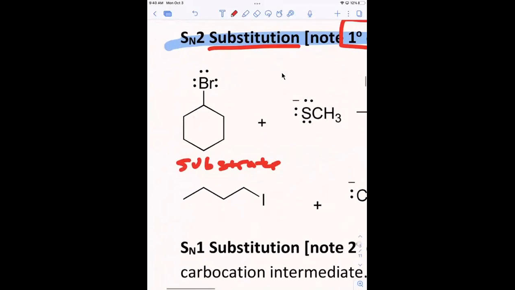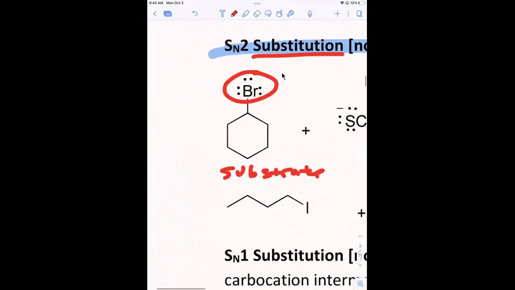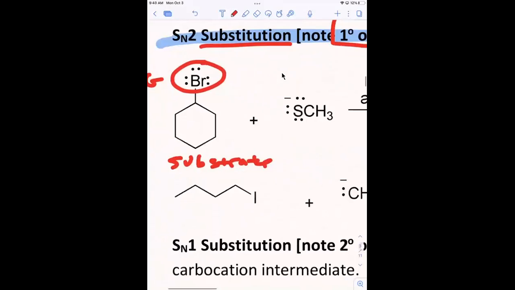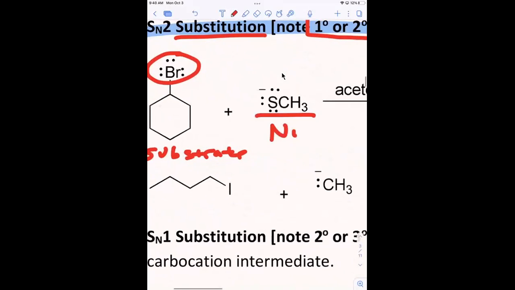I want to identify my leaving group, and this is my nucleophile. These are all the pieces of this reaction. So you've got a nucleophile that's going to react with a substrate to replace the leaving group.